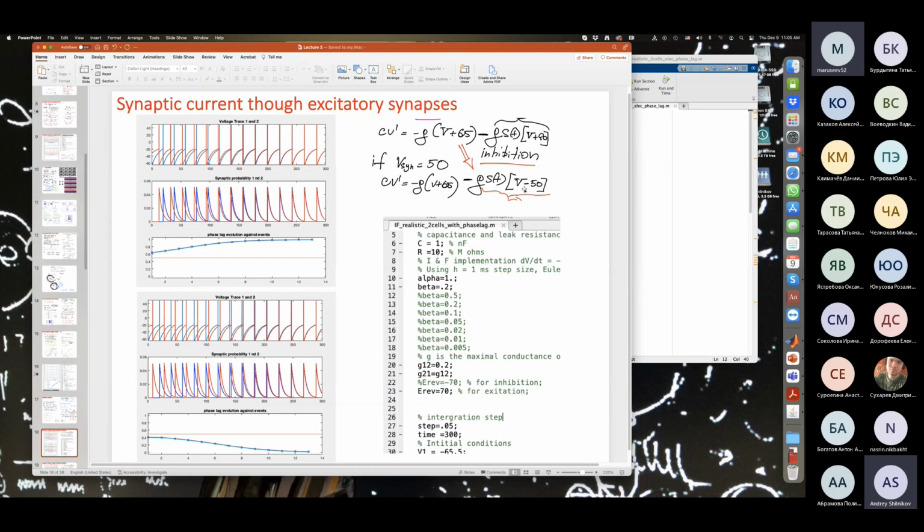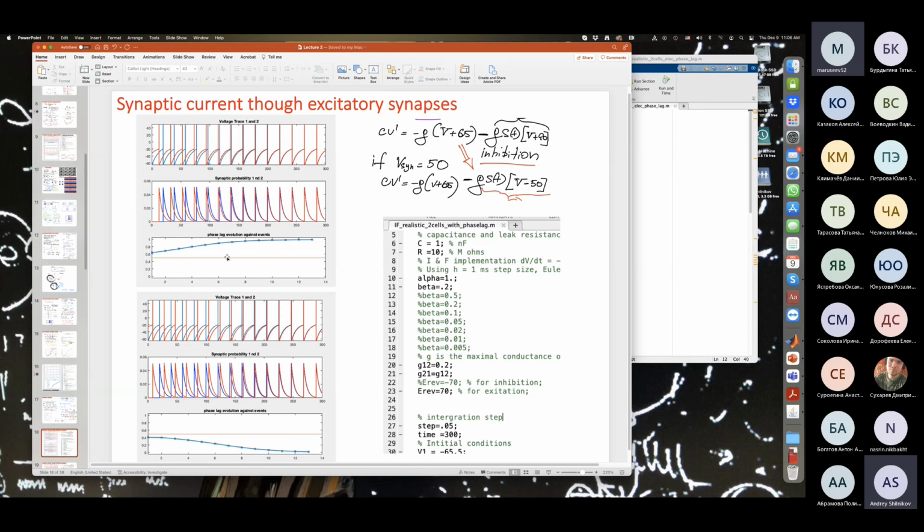But if I change this number to negative 70, then typically I'm going to see this. Actually no, this is just the excitatory cell, I'm sorry. But this time, blue followed by red again.